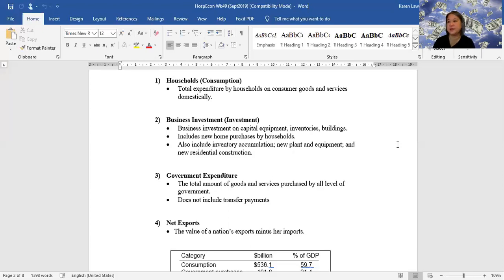Investment spending is mainly business spending. So it would be businesses investing in new equipment, inventories, new buildings. However, the one caveat is that new homes purchased by households would be considered investment expenditure and not consumption expenditure.